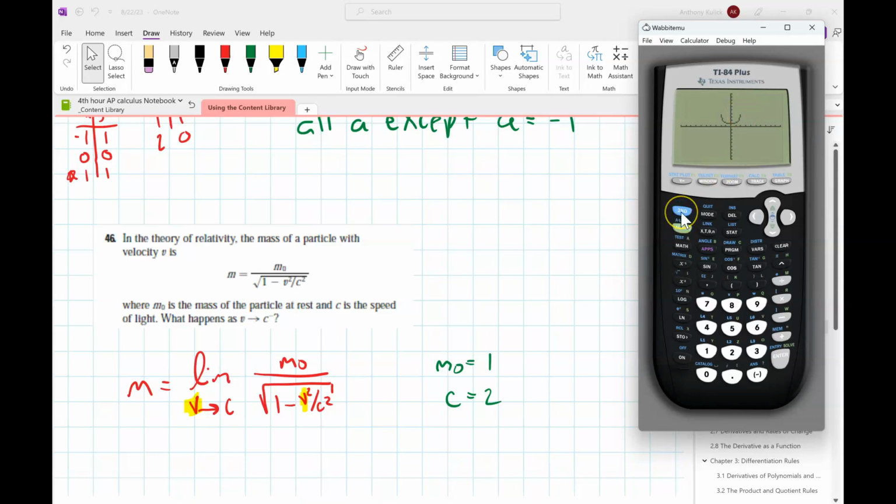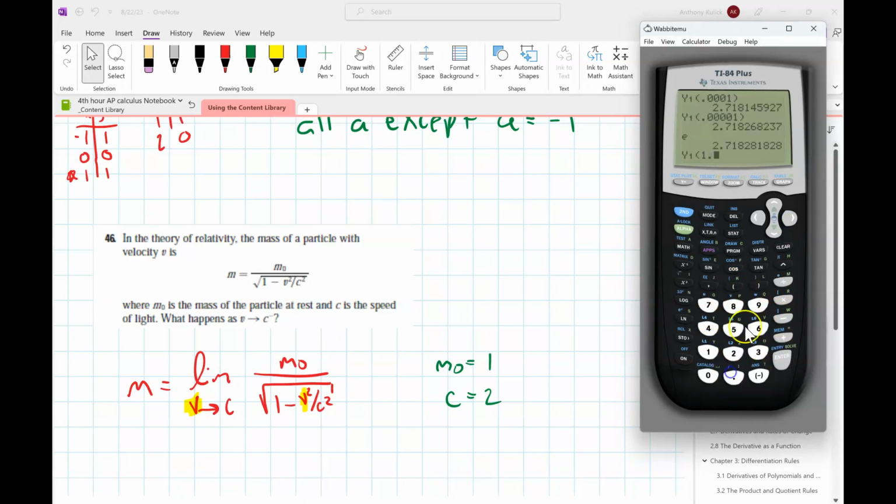So maybe let's look at a table of values. I'm just going to pick some values as t is getting close to 2 from below. So do that real quick. I'll do 1.99 and 1.999 and see if this is settling down to anything. So that's a rather large jump.